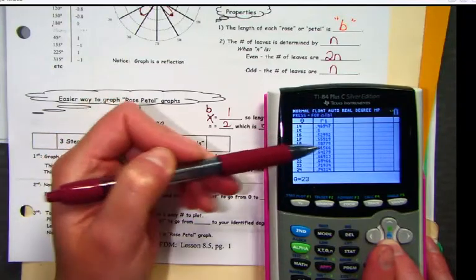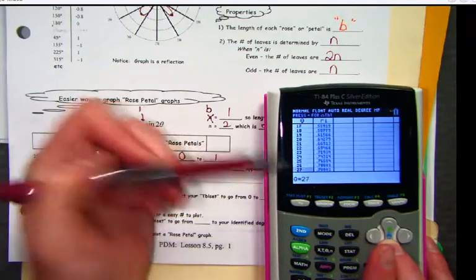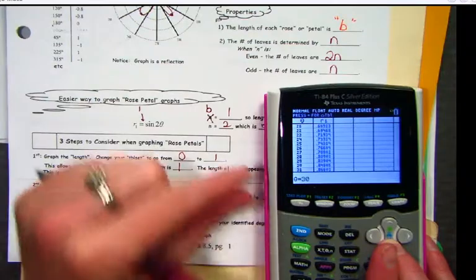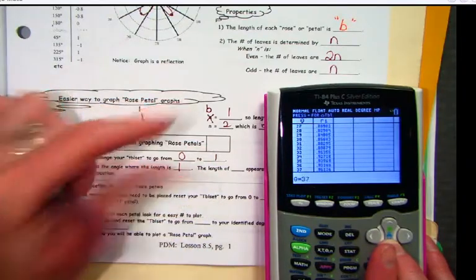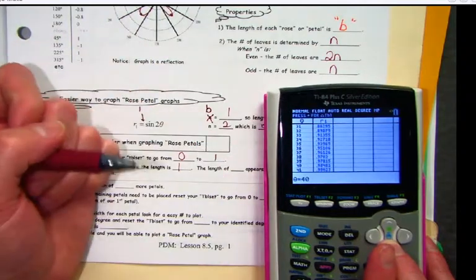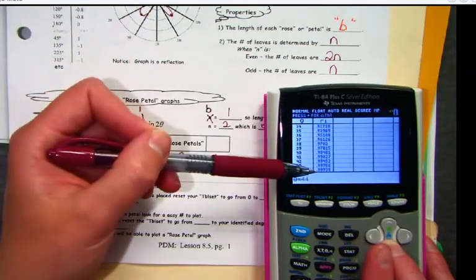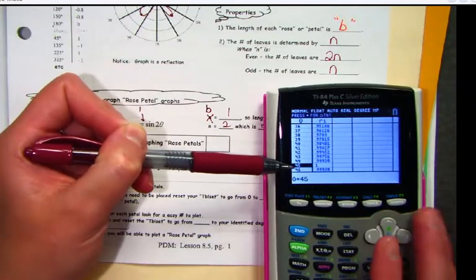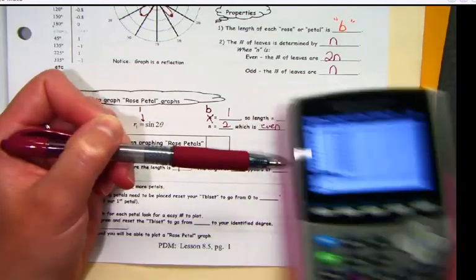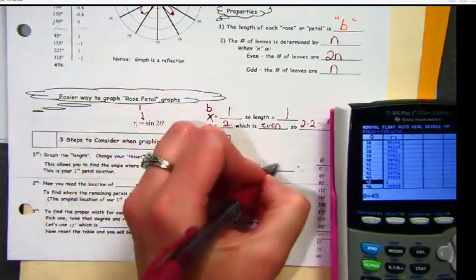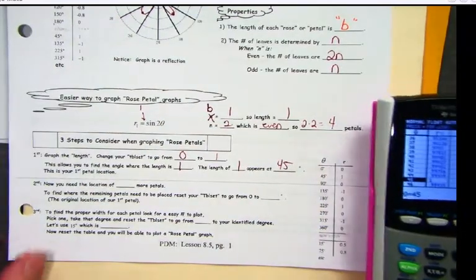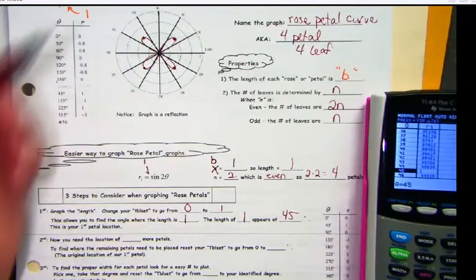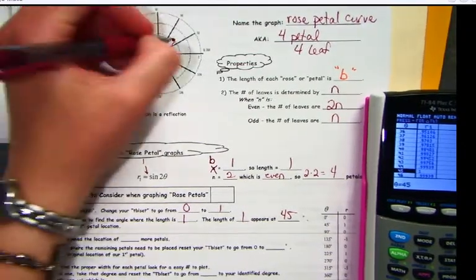I can use these values along the way to graph my first petal, because I'm also going to want to know if I have a really narrow petal or a really wide petal. And I'm getting closer and closer until right here at 45 degrees, I find my first length of 1. This gives me this first petal right here, a length of 1.